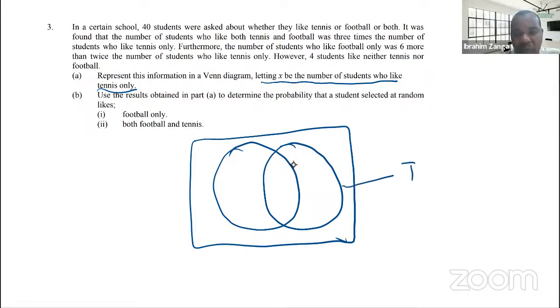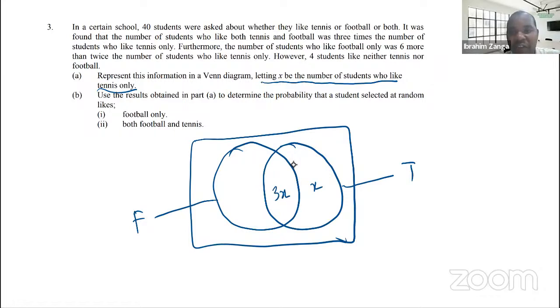So if this set represents tennis, and this represents football, those who like tennis only, it is X here. And those who like both, it is 3X.